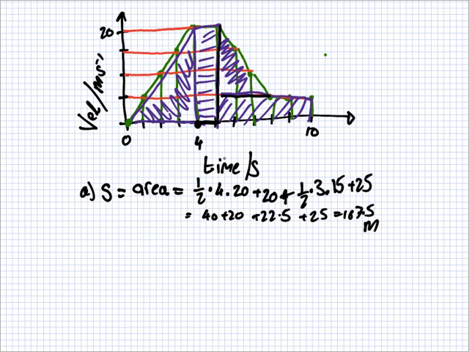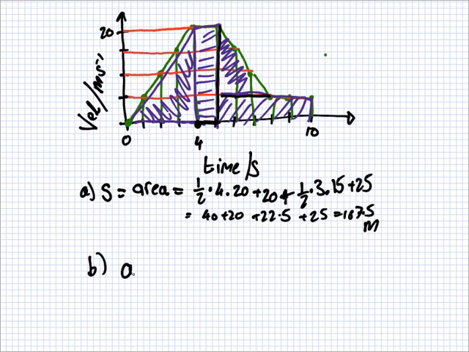A half times 40 times 20 plus 20 plus a half times 3 times 15 plus 25. No, not correct. You got a totally different number. Oh, you typed in a half times 40. It's a half times 4. Oh, okay. I got 107.5. I'm afraid I think I'm right. Yeah. Sorry to disappoint you.